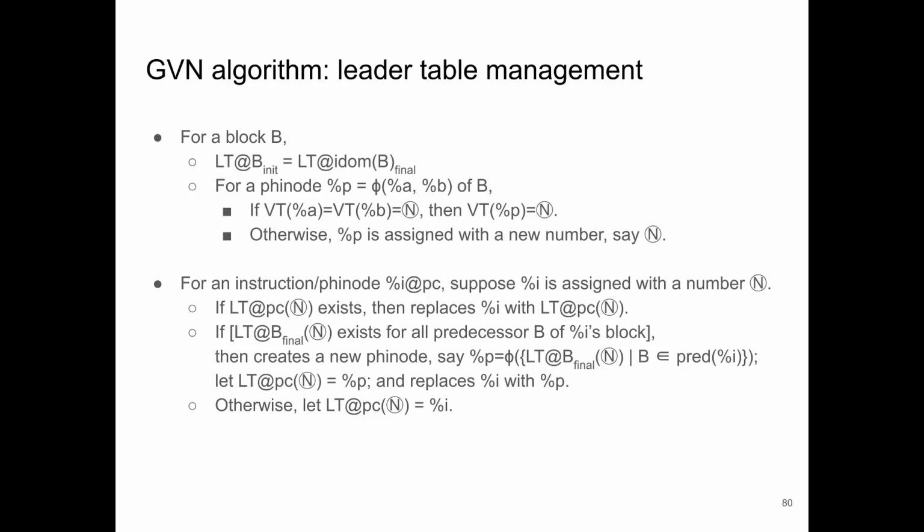And especially we want to get the leader table at the beginning of this block B. And this is the canonical choice for the leader table. The leader table at the beginning of this block B should be the leader table at the end of the immediate dominator of B.